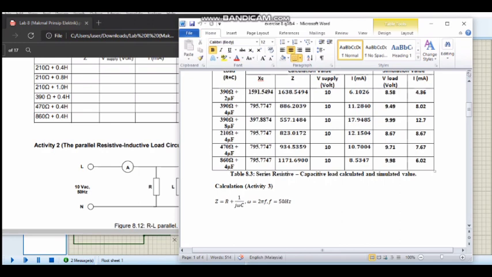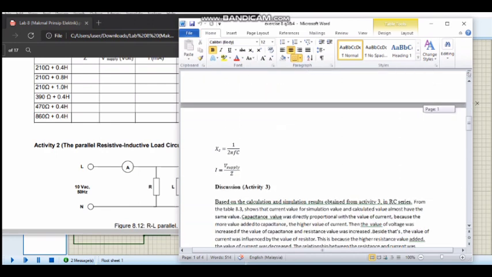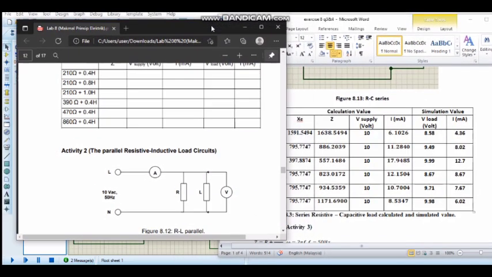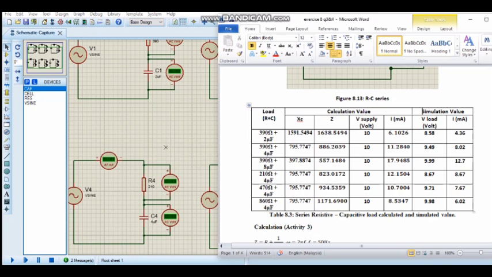For current, we use Ohm's law, V equals IR, so we need to find I equals V over Z. For the load voltage, it is a combination of the load from the resistor and the load from the capacitor.